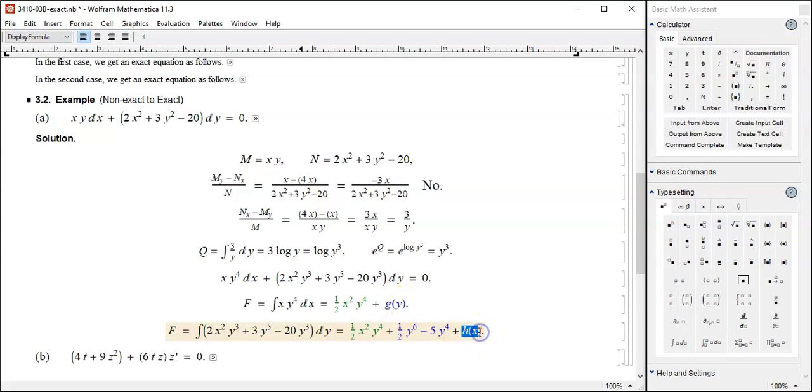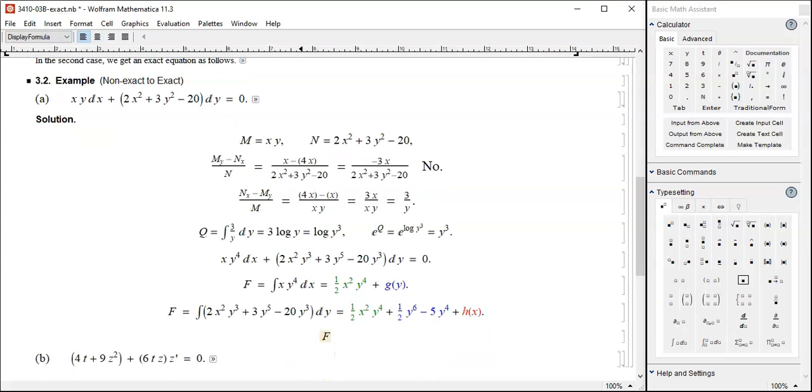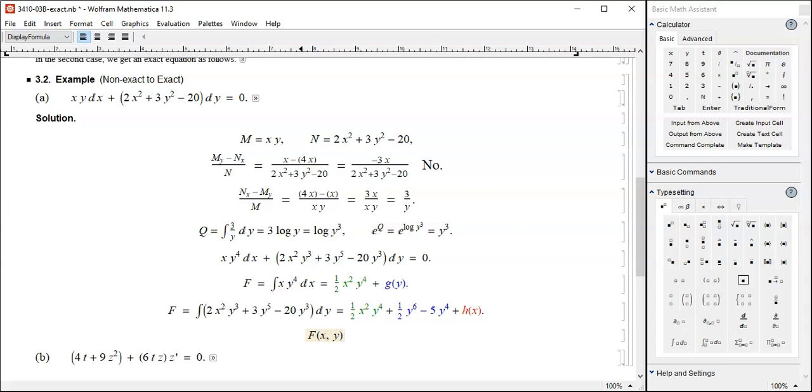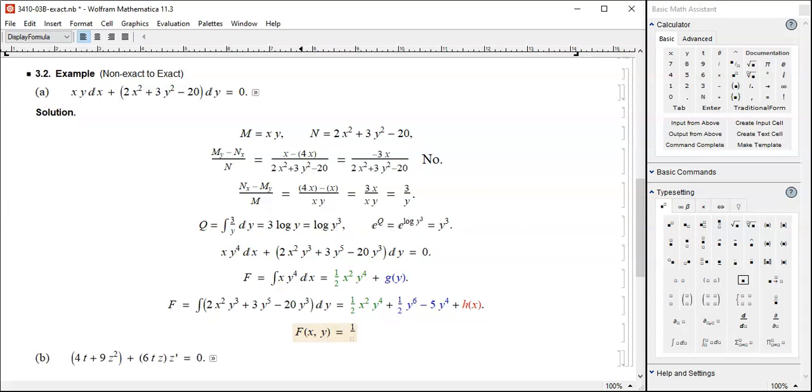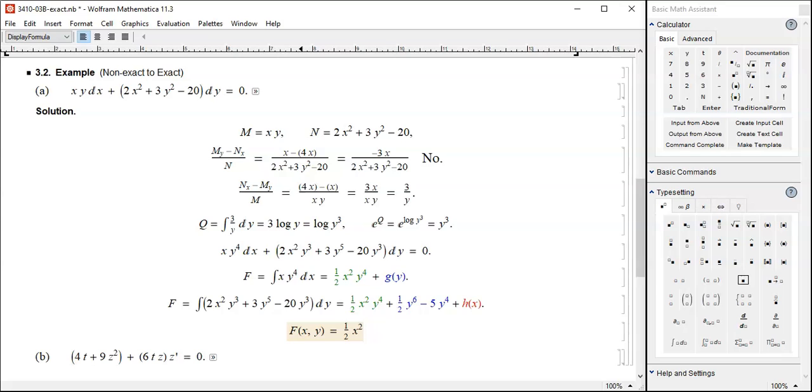So it looks like I'm going to get f equal to 1/2 x squared y to the 4th power plus 1/2 y to the 6th power minus 5y to the 4th power, and that is equal to c. And it looks like this is the implicit solution that we are looking for.